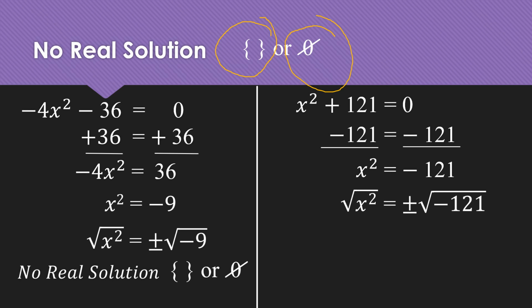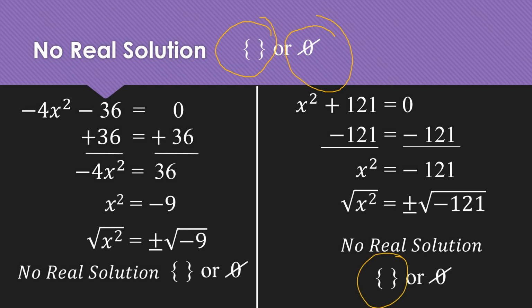That's not possible because one number has to be negative and the other one has to be positive. So therefore we have no real solution, and we can rewrite it as an empty set, which is the other way we can write a solution.